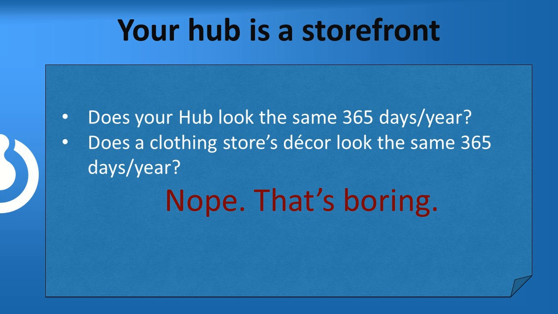So ask yourself that question. Does your hub look the same 365 days a year? Then ask yourself the second question. Does a clothing store's decor look the same 365 days a year? Do they have the same clothing lines all year long?